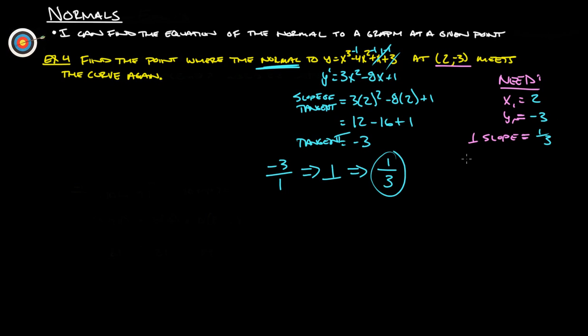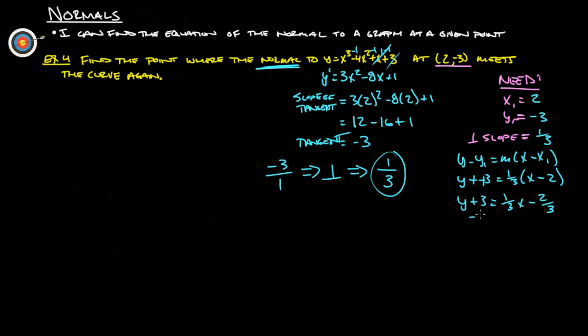Then we're going to plug that into our y minus y1 equals m times x minus x1. So we get y minus -3 equals m, which is 1/3 times x minus 2. Not going to be pretty, but it's going to work. y plus 3 equals 1/3 x minus 2/3.